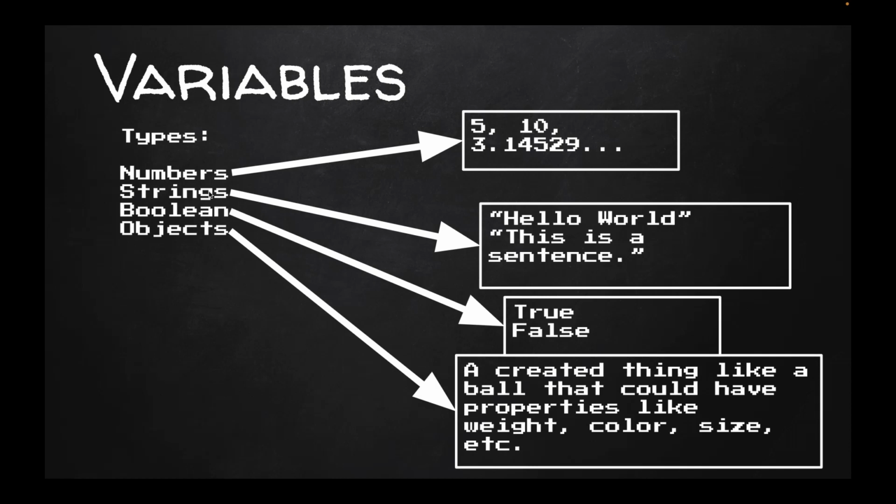Now, variables could hold things. So in programming, a lot of times you are really trying to model the real world. So if I think of a thing like a ball, it could have a color, it could have a weight, it could have a size, it could have a certain amount of bounciness, it could have a certain amount of shininess.